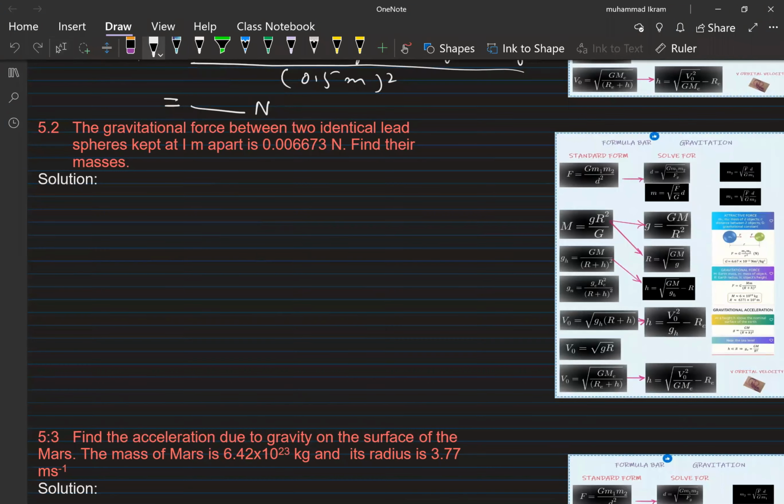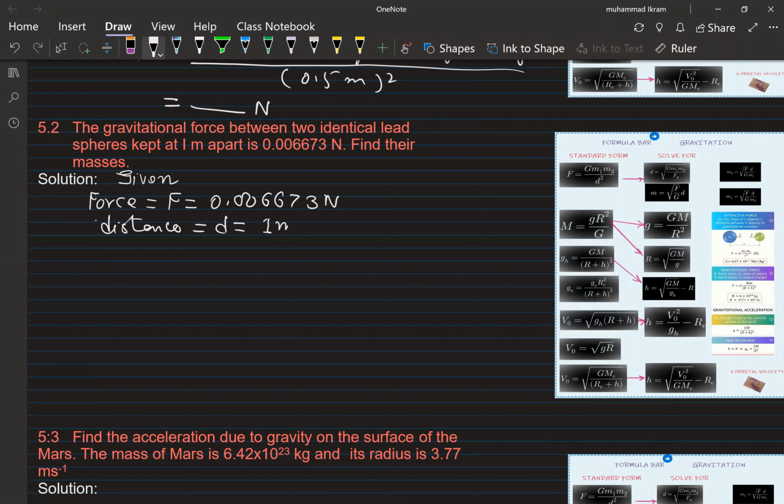And we will be finding their masses. The distance between their centers is given, this distance d is equal to 1 meter, right?